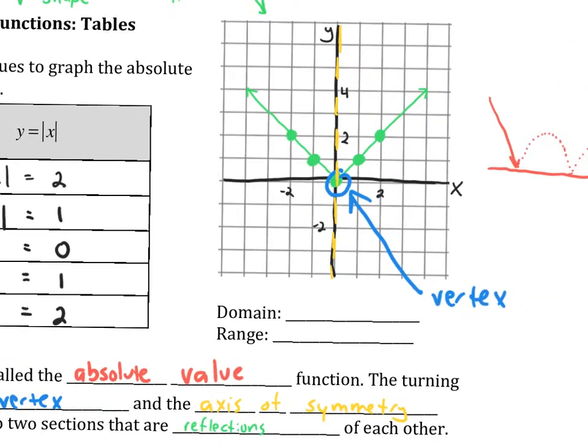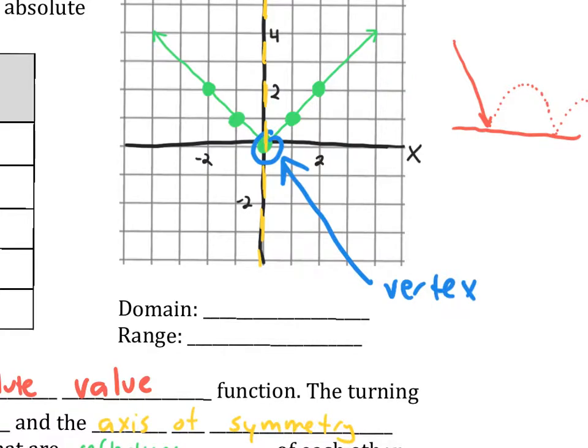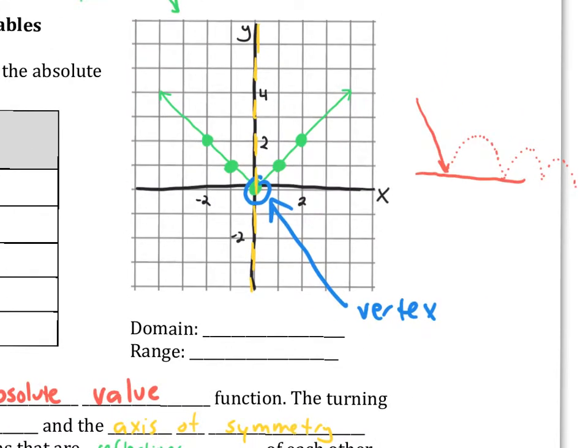So the domain and range of this is slightly different than the other one above. Notice domain is here. Notice if I were to shine a light from above, all the values of x would match up, and all the values this way would match up.